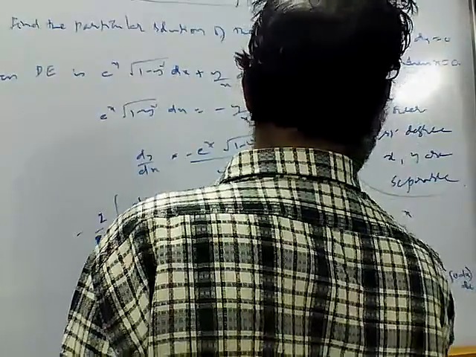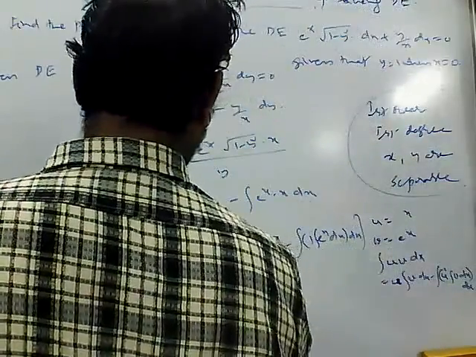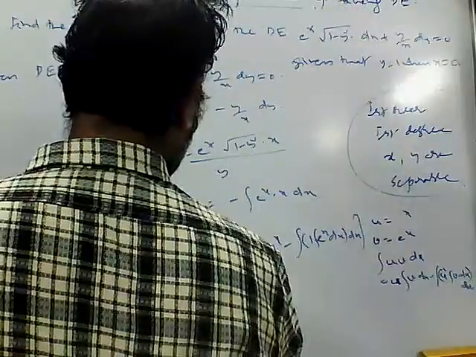So u into x into e power x minus integral of 1 into integral e power x dx whole dx. That is equal to minus root of 1 minus y square is equal to minus x e power x plus e power x plus c.